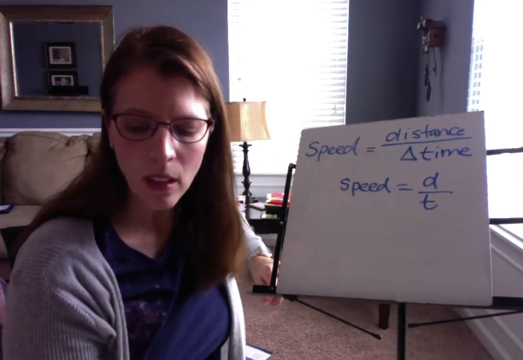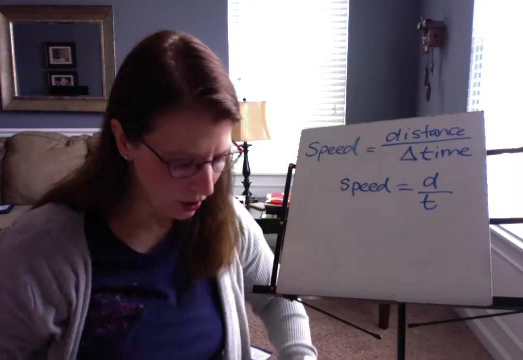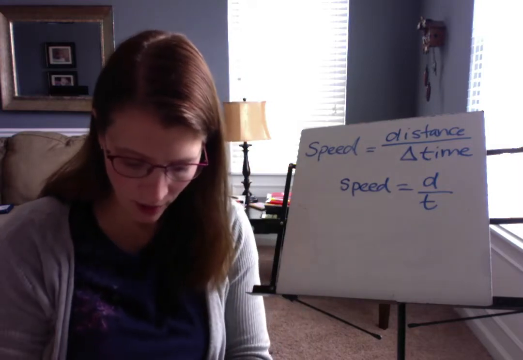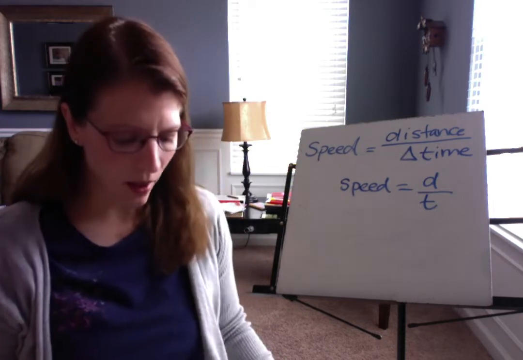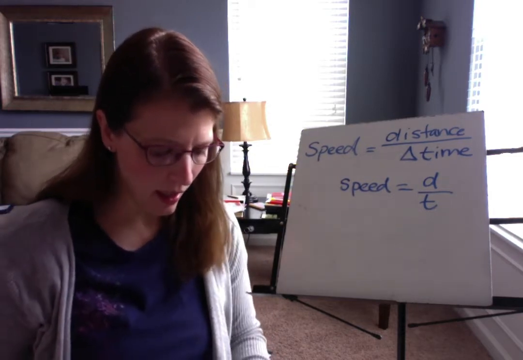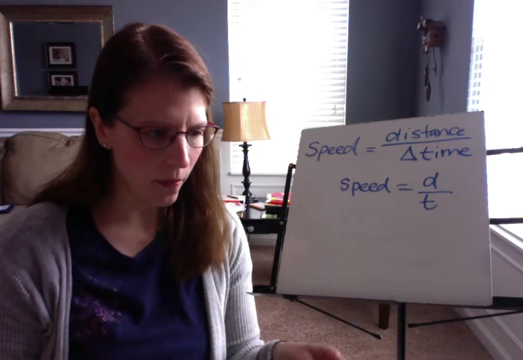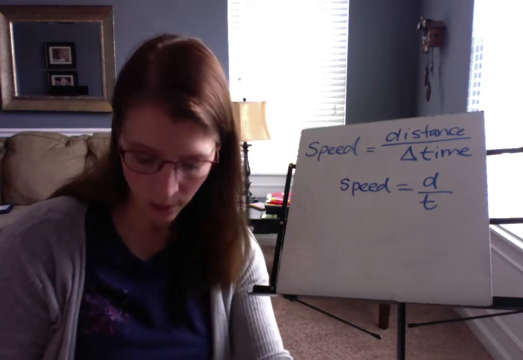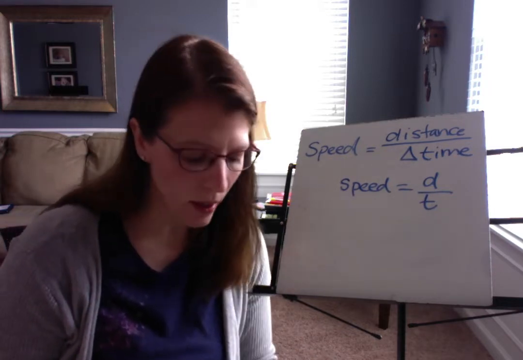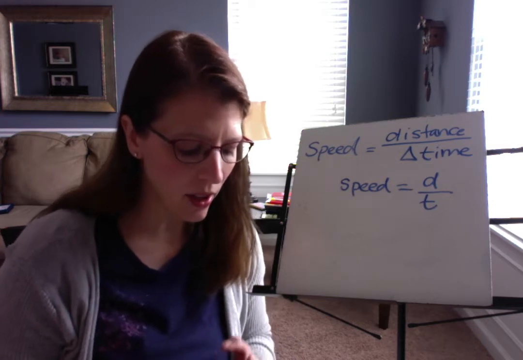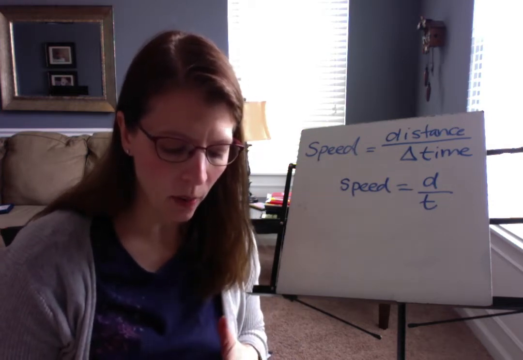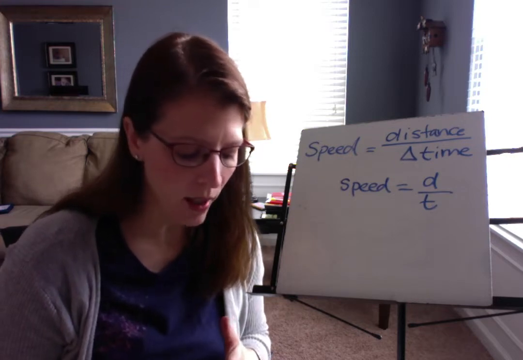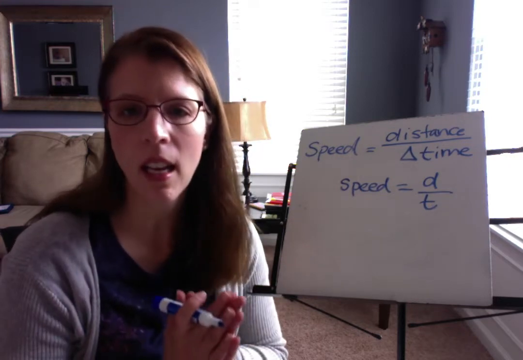So I'm going to do an example from the book for you that we can work on together to try to get you this idea. This question, example 9.1 on page 207 of your book, says a car travels 78 miles down the highway. It takes the car 1.2 hours to travel that far. At what speed is the car traveling?